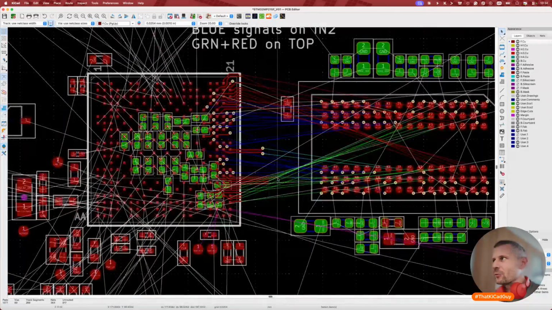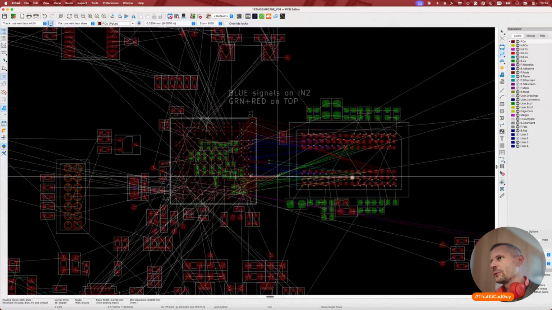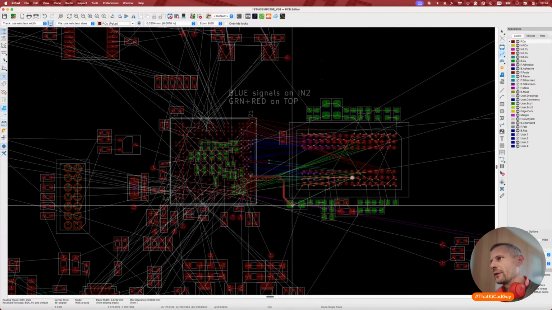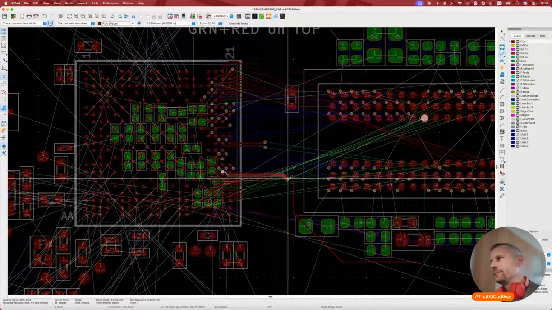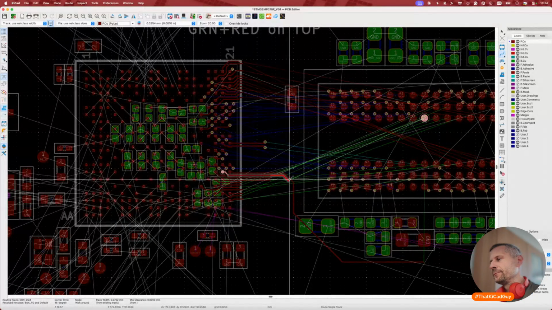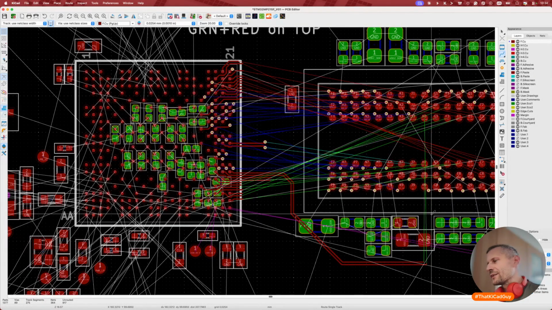If I start with the first one, the issues will reveal themselves quickly. Yeah, like this. In between pads somehow.